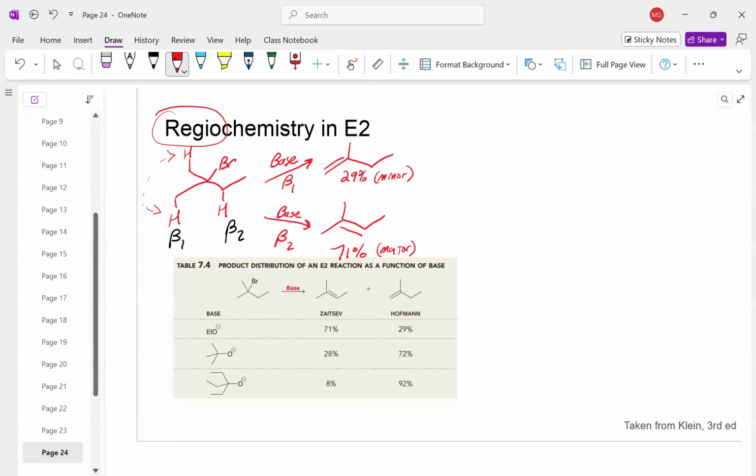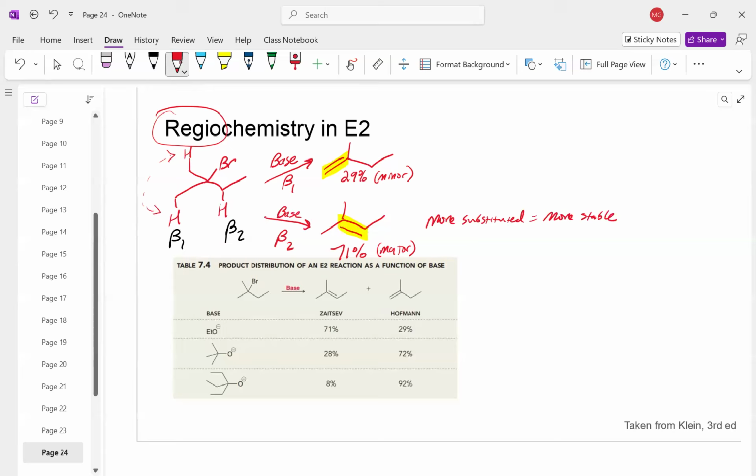Now, why do you think there is this product distribution? Why is there more of this alkene versus this one? And I want you to relate it to the discussion we just had on alkene stability. This alkene is more substituted and therefore more stable, which is why it's the more prevalent product.